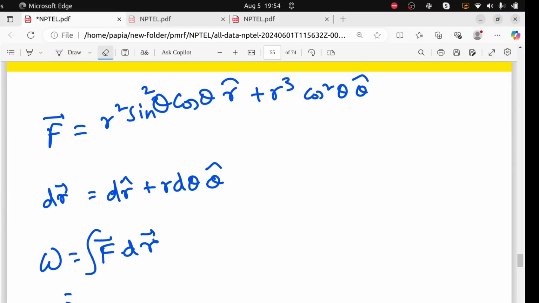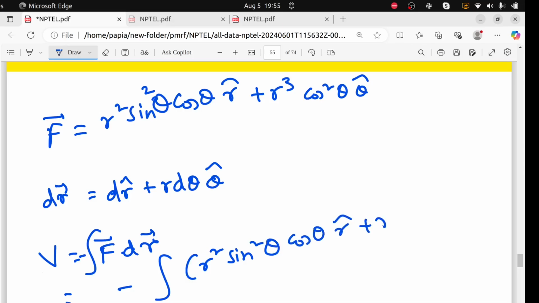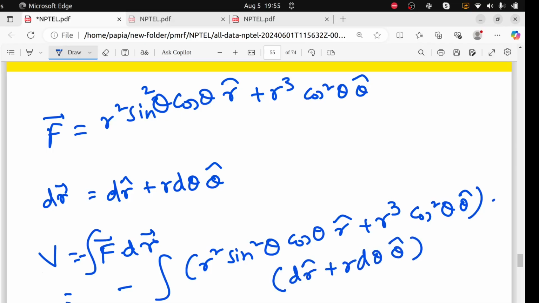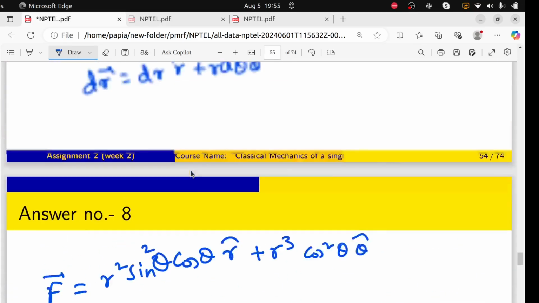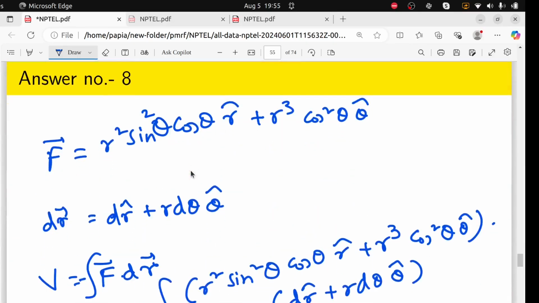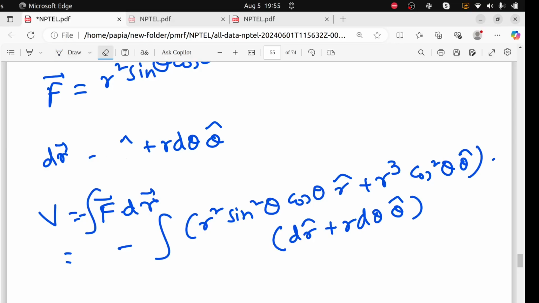Potential is minus F dot dr. So minus F, which is r square sin square theta cos theta r cap plus r cube cos square theta theta cap, dot dr r cap plus r d theta theta cap. Actually it is dr r cap, yes, dr r cap. It's not dr cap.